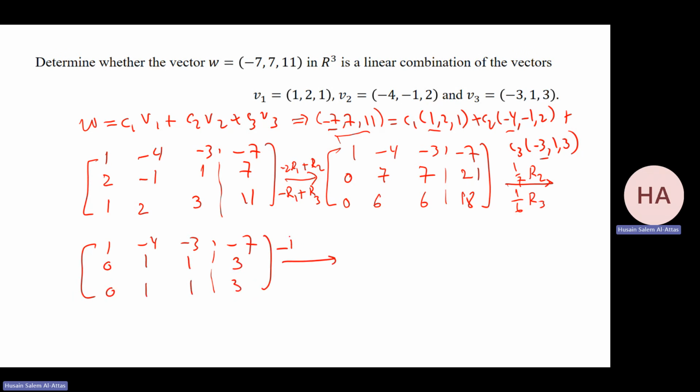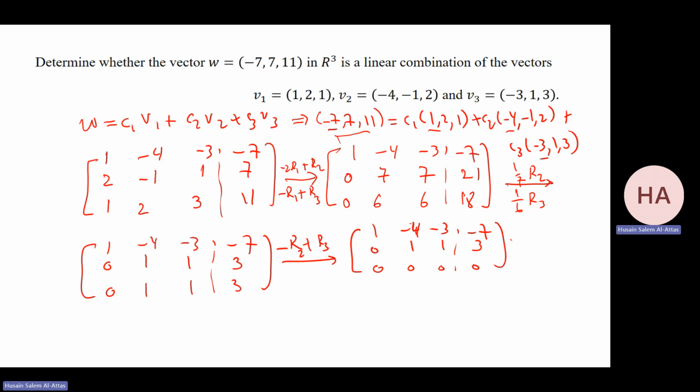Now I will multiply the second row by minus 1 and add it to the third row. I have what? Minus 7. That will be 0, 1, 1, 3. Here I have 0, 0, 0, 0.